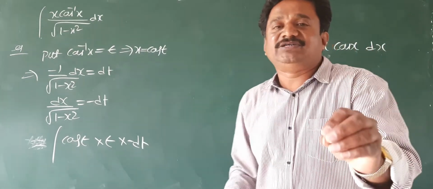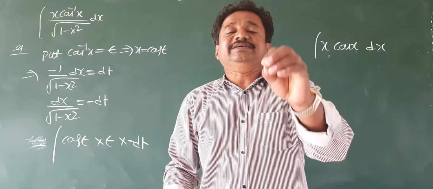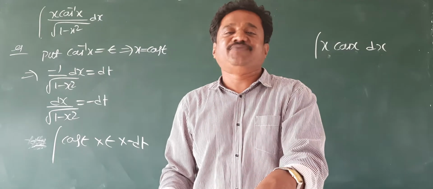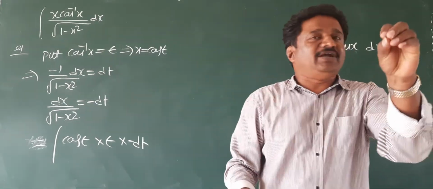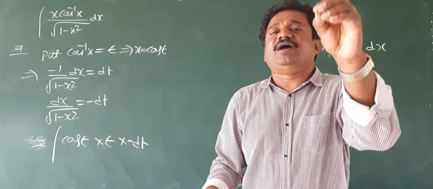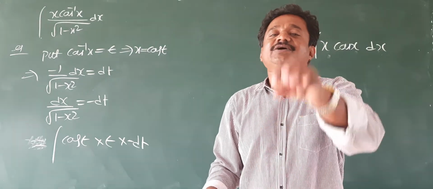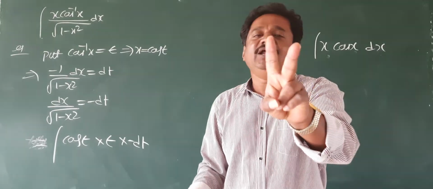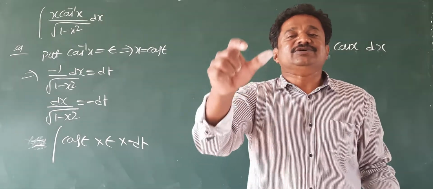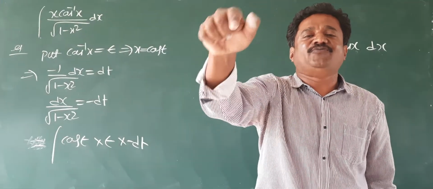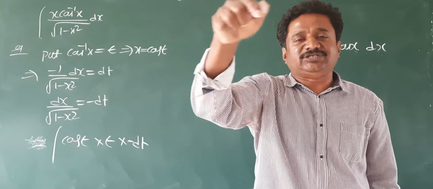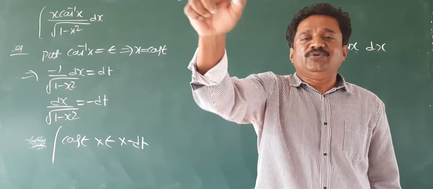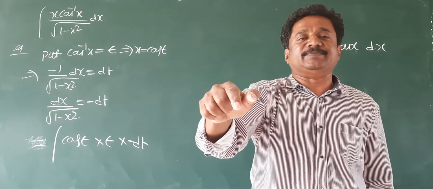To apply parts, usually we take x and terms containing x, algebraic functions like x square, as the first function. Only in two cases: if the product contains a log function, we take the log function as first; if the product contains an inverse function, we take the inverse function as first.